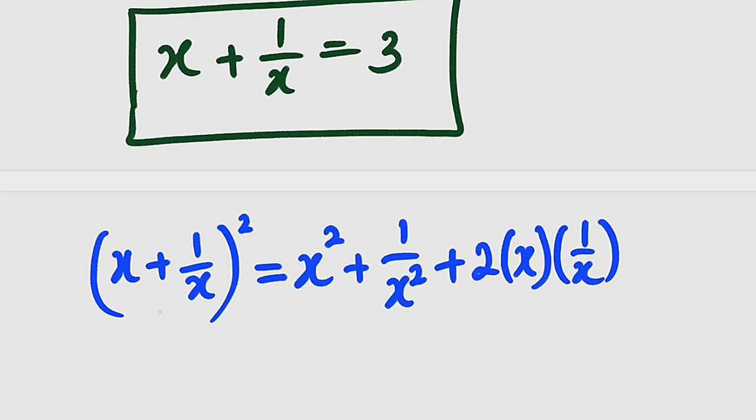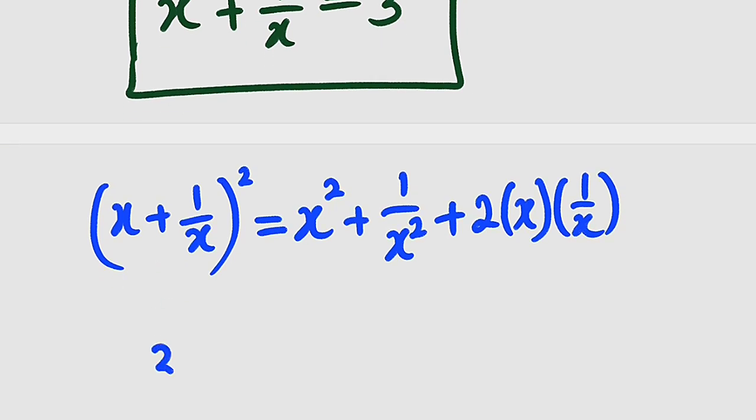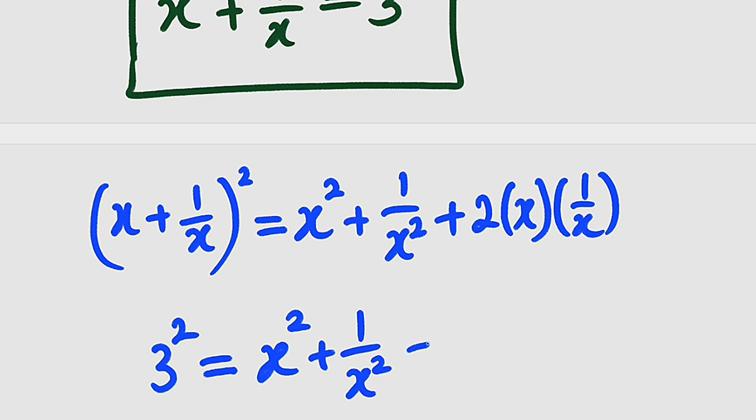But remember that x plus 1 divided by x is nothing but 3 from here, so we can plug in 3 here. So we have 3 to the power of 2 equal to x squared plus 1 divided by x squared plus, if you multiply these two expressions, you're going to get 1, and 1 times 2 is 2.